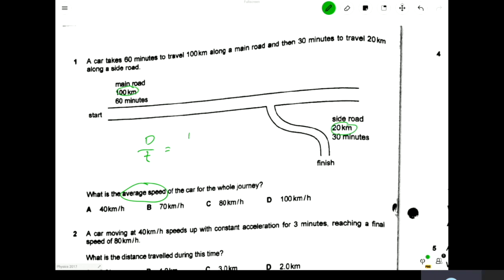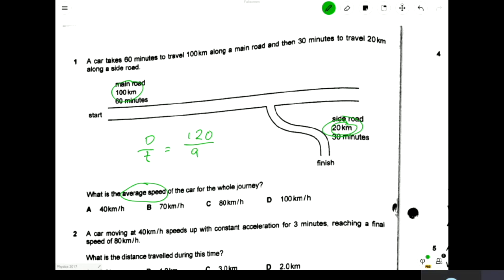120, right? There's 100 here, and then the other 20 over here. See that? 120. Now what's the total time? 60 and 1 hour 30.